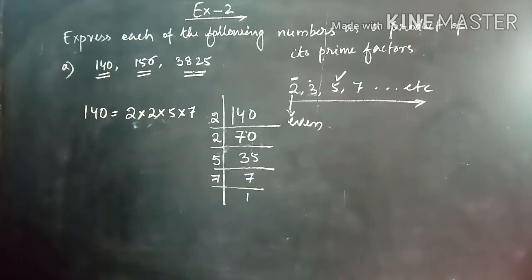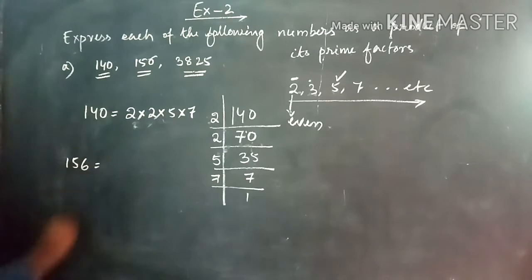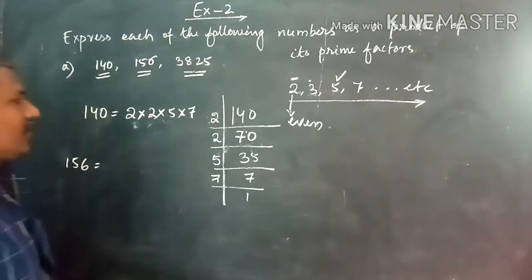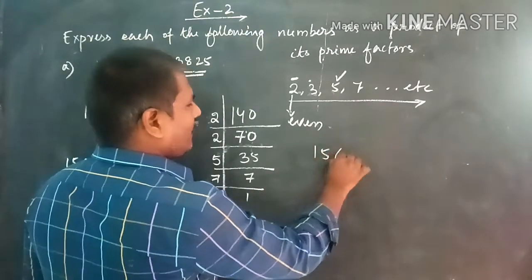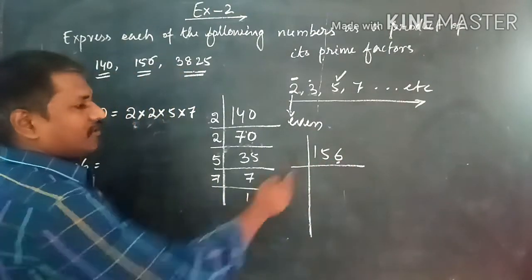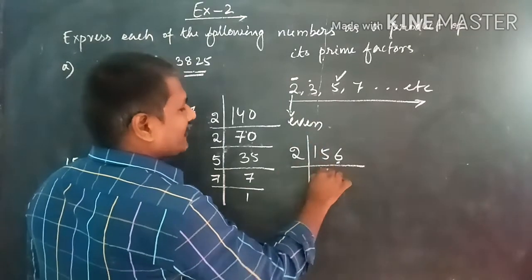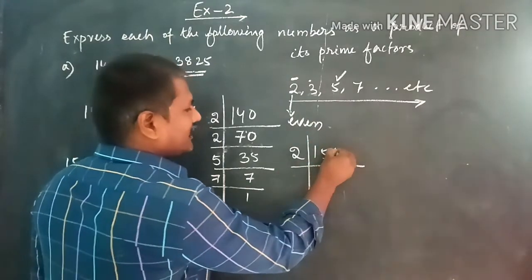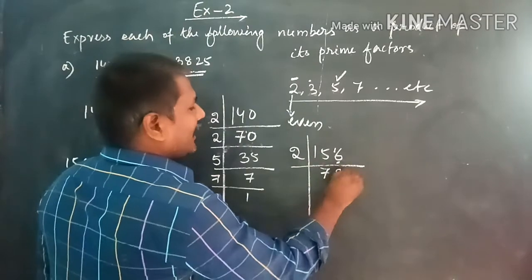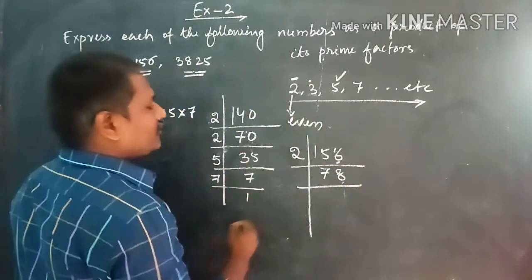Let us see another one, that is 156. The last digit is 6, so it is definitely divisible by 2. Divide by 2: 2 7 is 14, the remainder is 1. Now 2 6 is 12. The last digit is 8, so it is divisible by 2 again.